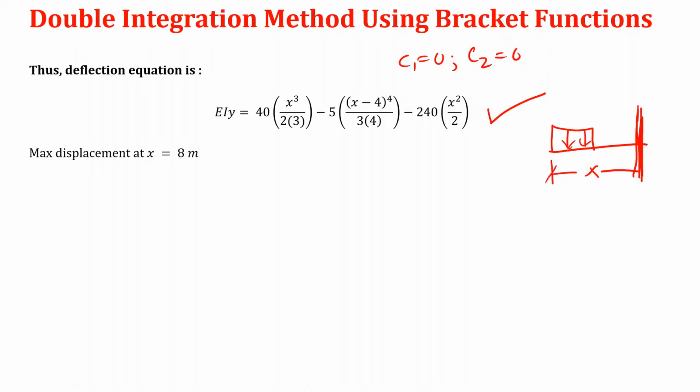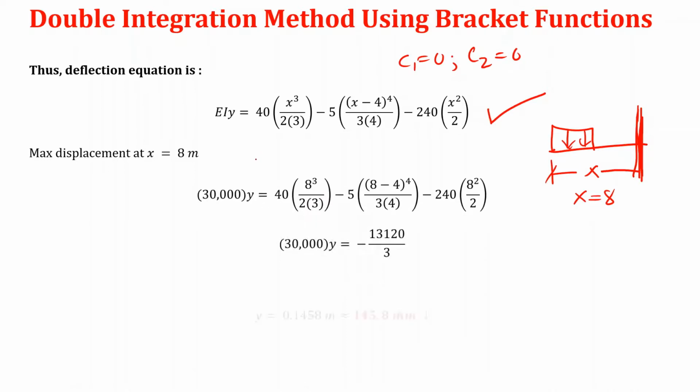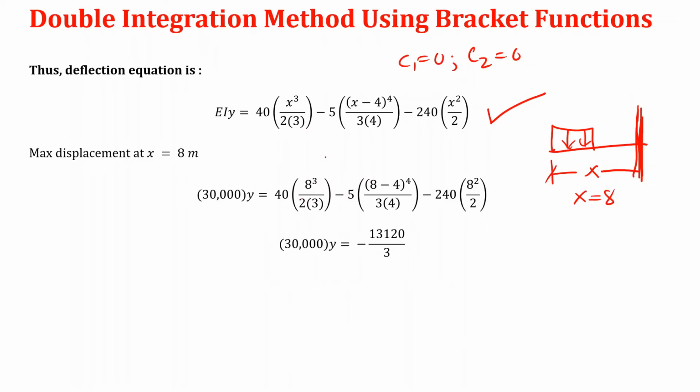So, x is 8. Ang maximum displacement when x is 8. So, substitute when x is 8. Still, we have answer y equal to 0.1458. Same answer kanina. Negative din siya kay pababa.